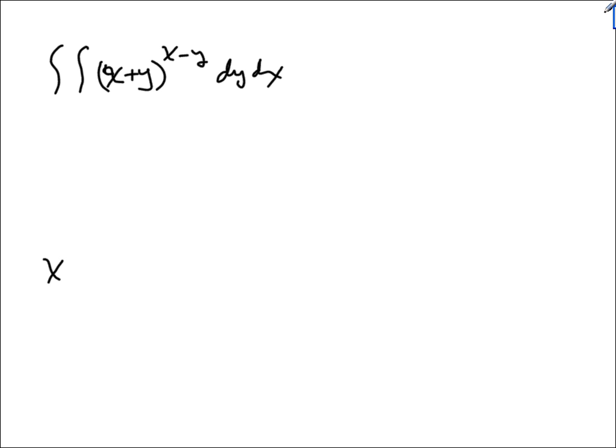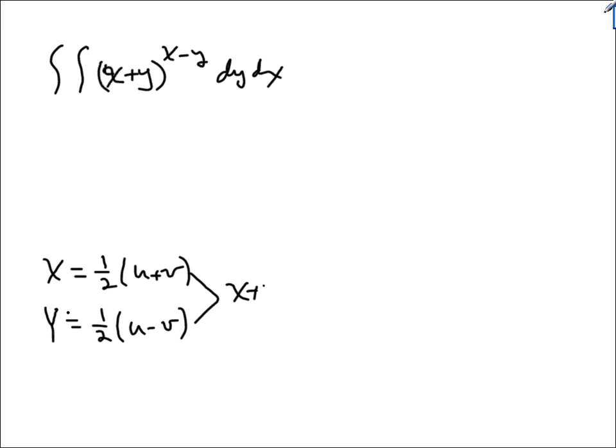And they tell you that x is 1/2 u plus v and y is 1/2 u minus v. If you add the two, that tells you x plus y is u. If you subtract the two, x minus y is v.